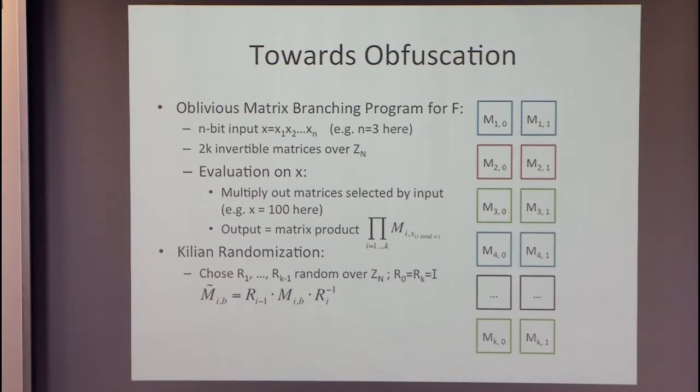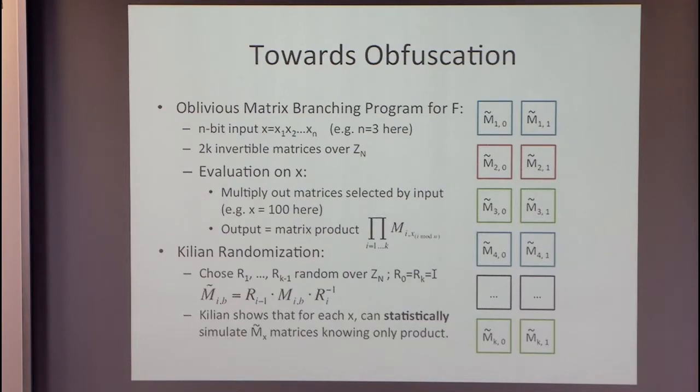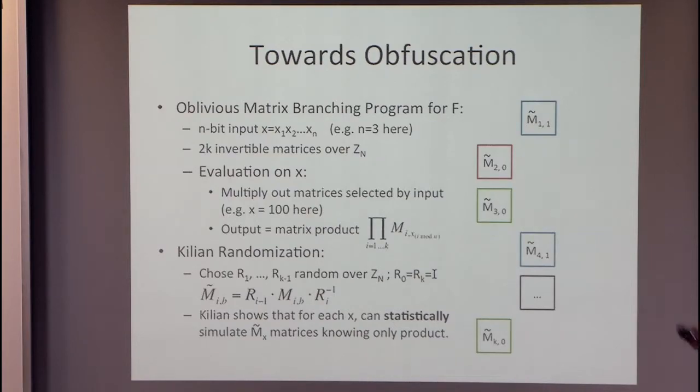It's only at the very last second, right, at the very last multiplication, that that final R will go away. And we'll make crucial use of that in our construction and proof. Okay? So we've got these M tildes now. Okay? And another really nice thing that we'll make use of is something else that Kilian showed. He showed that if you have a specific x, again, think about 1, 0, 0 here, right?